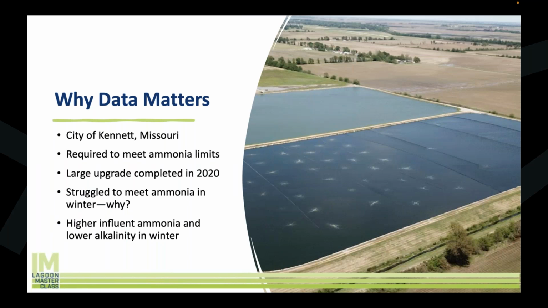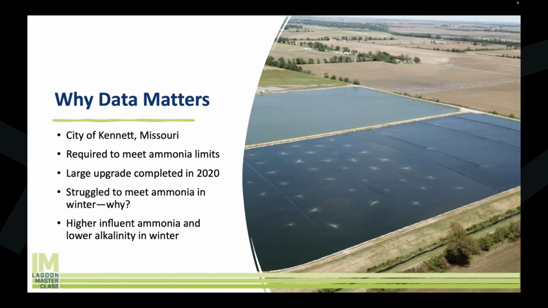And he's been looking at the data. And what he started to notice was, because we started doing this project and we started taking influent data, what he saw was ammonia was going up and alkalinity was going down. Now, I'm not going to get into a lot of detail why this is super important, other than, I recommend you go back and look at our nitrification webinar that we did in the series.